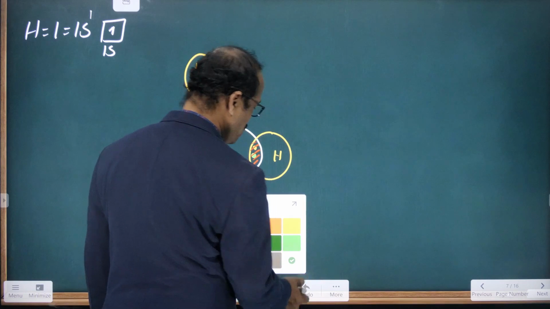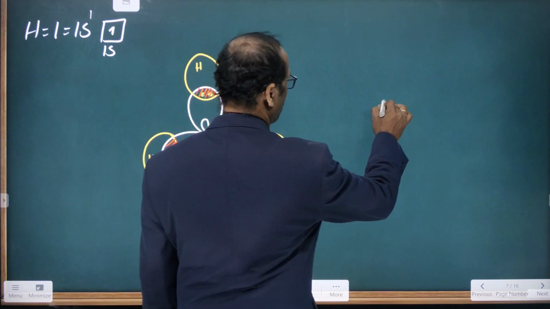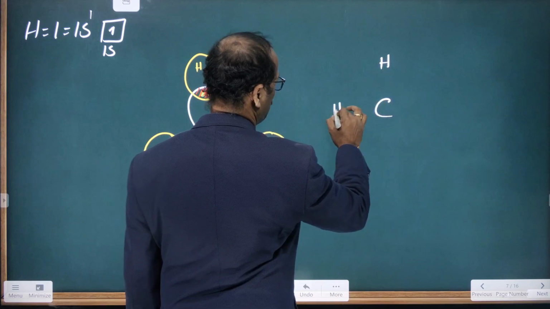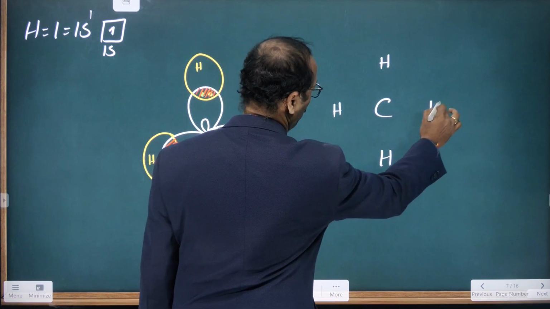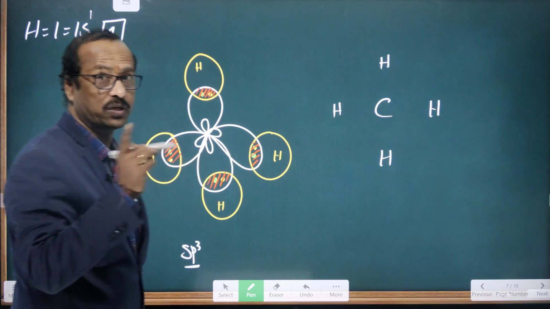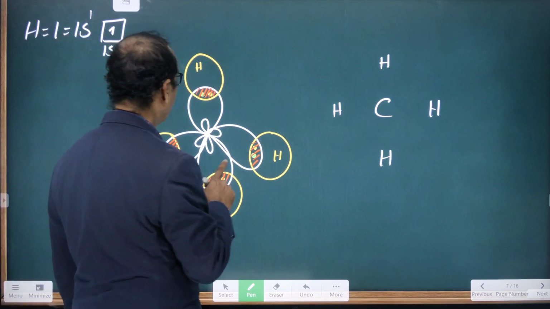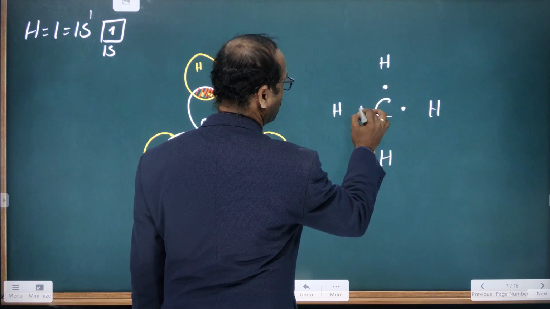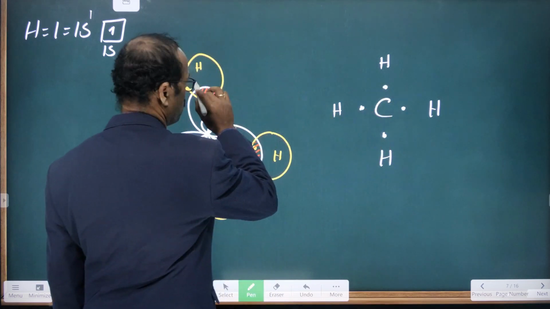So how can we write methane in a simple shortcut? Write carbon with 4 hydrogens on 4 sides, 1, 2, 3, 4, as an electronic dot structure. This electronic dot structure I'm explaining. Carbon has 4 unpaired electrons, so put here 1, 2, 3, 4. Each hydrogen has 1 electron.